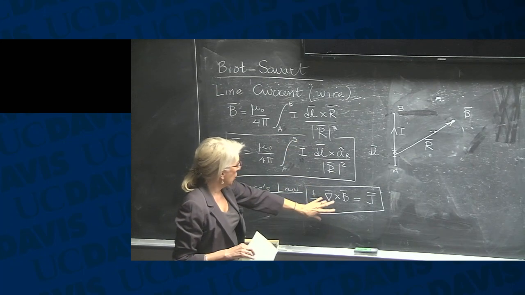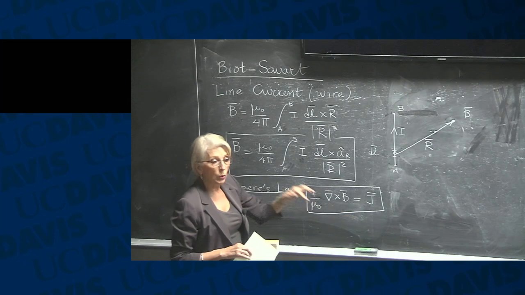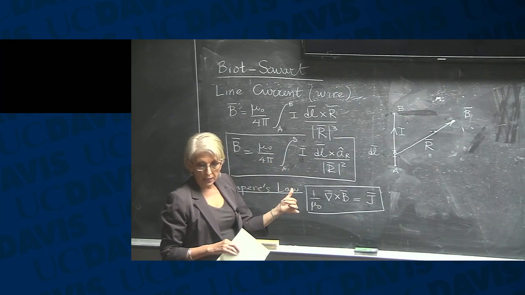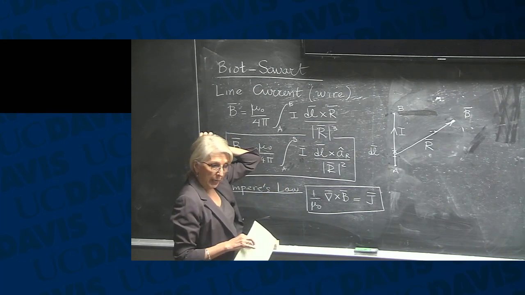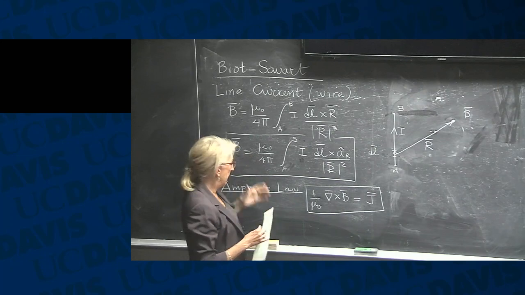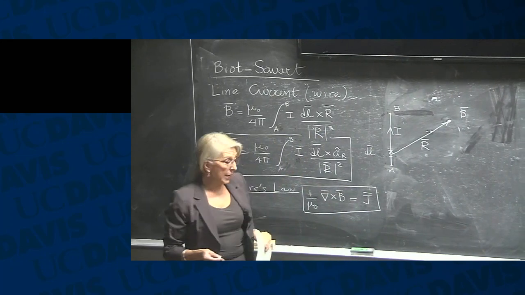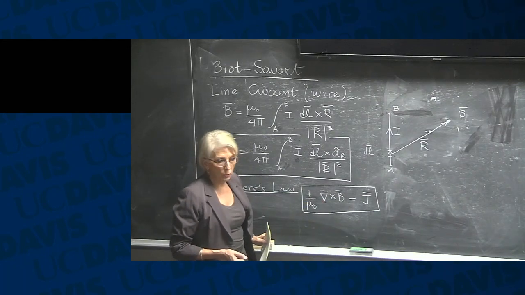Here is Ampere's Law in the differential form, but I will also write it in integral form. So we'll have two different integral expressions that will give us a relationship between the current and the magnetic field it generates. And the integral form, do you remember, is coming out of the differential form using Stokes Theorem.